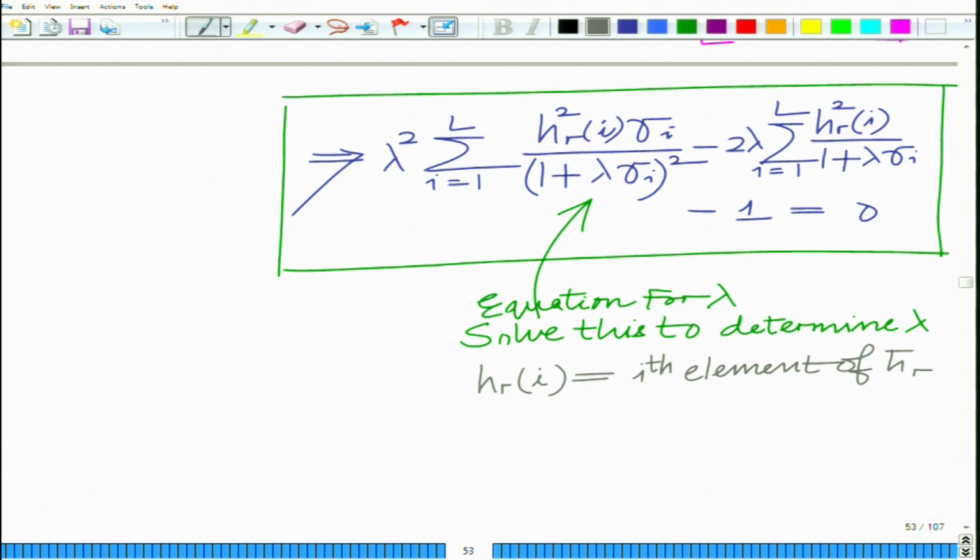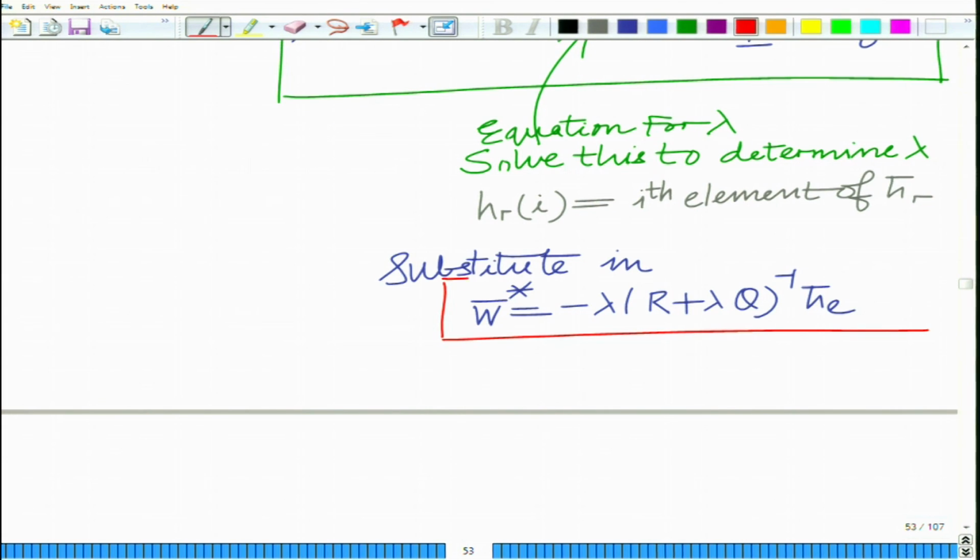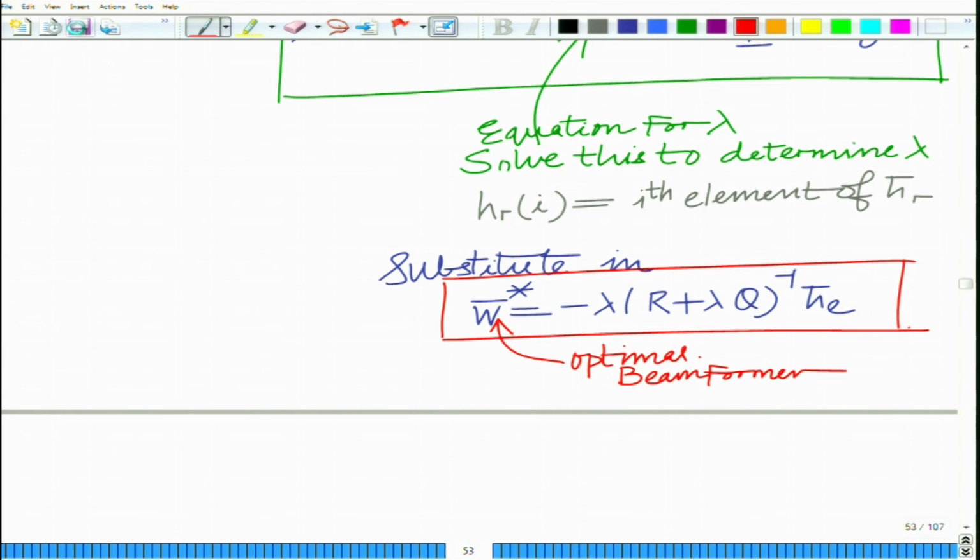Once you solve this equation and find lambda, you substitute it in your earlier equation for the optimal beamformer, which is nothing but W bar star equals minus lambda R plus lambda Q inverse H bar E. So, this is the equation for the optimal beamformer.